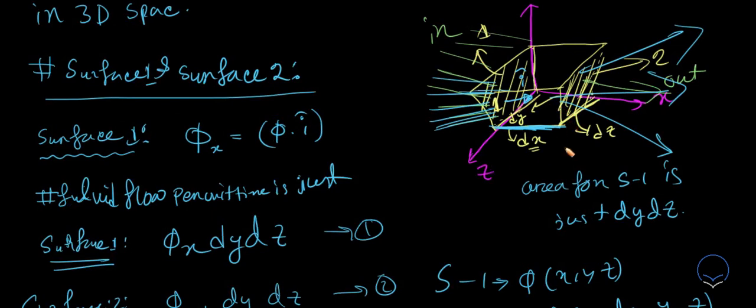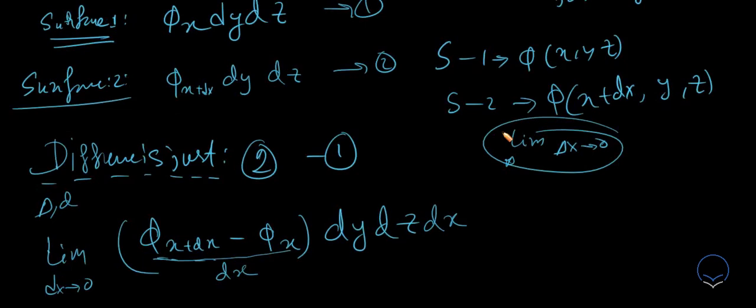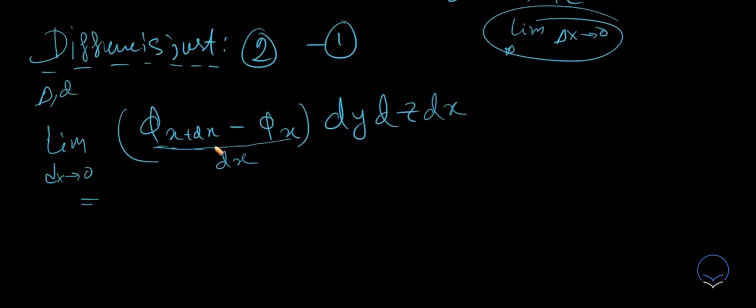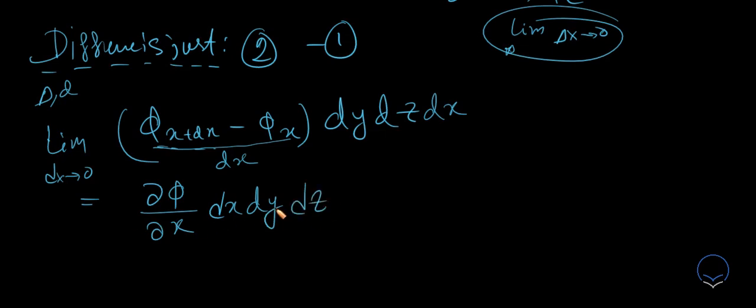So this means we are making this dx smaller and smaller as much as we can. And this is exactly the partial derivative of phi with respect to x, and here you will have this dx, dy and dz. This is the difference between these two surfaces through which the fluid is flowing out.